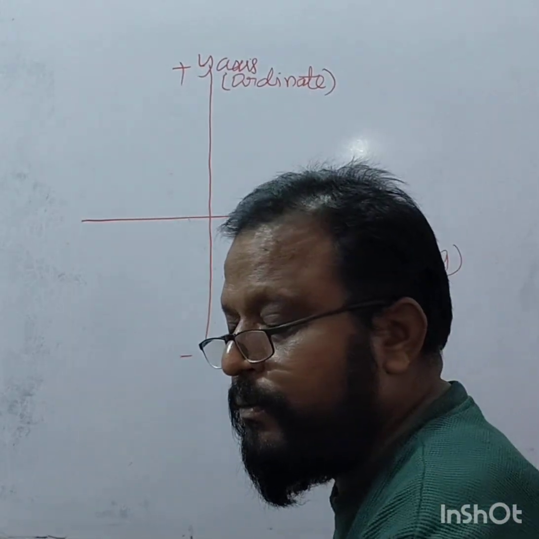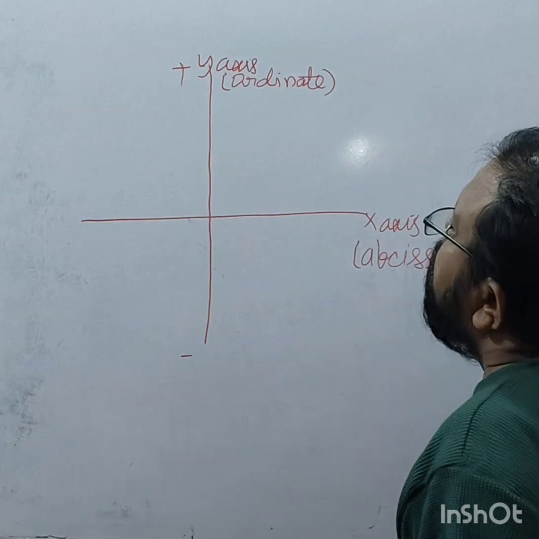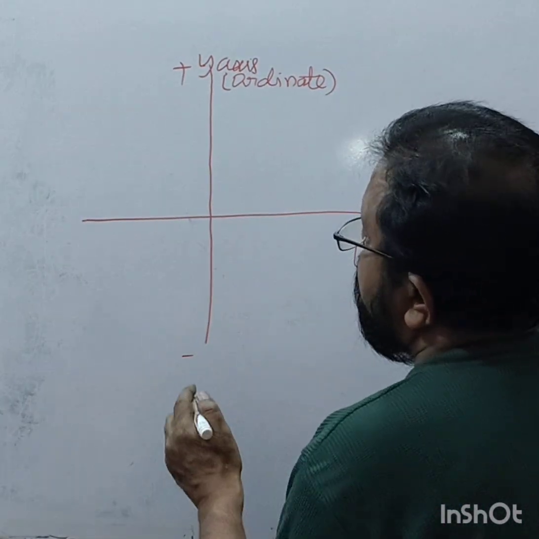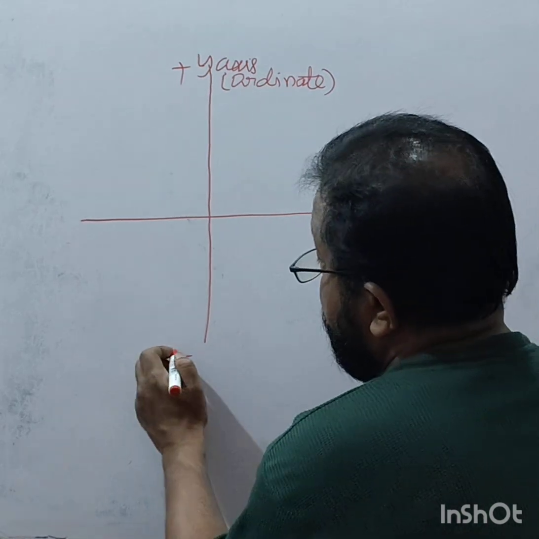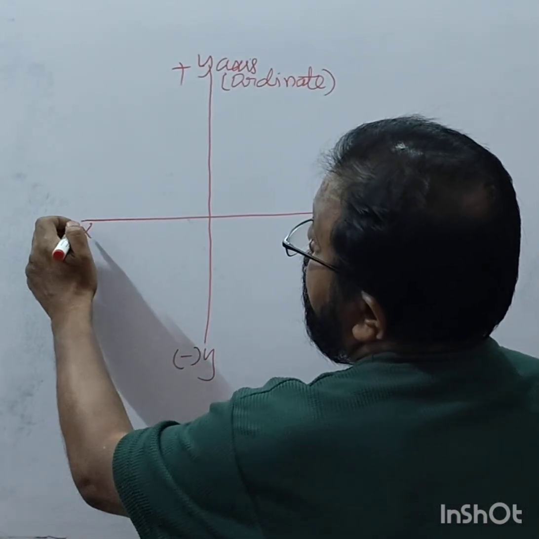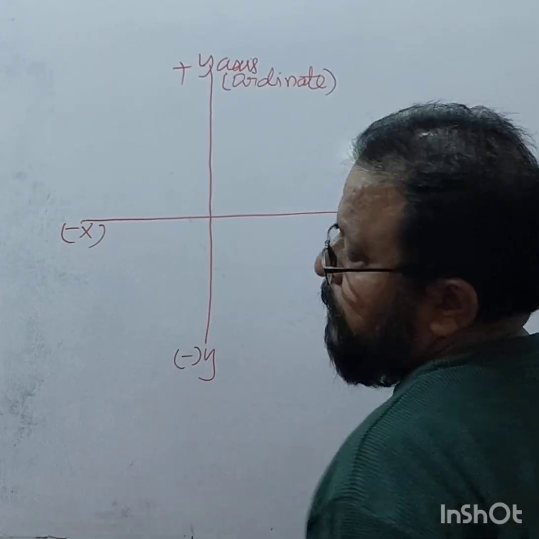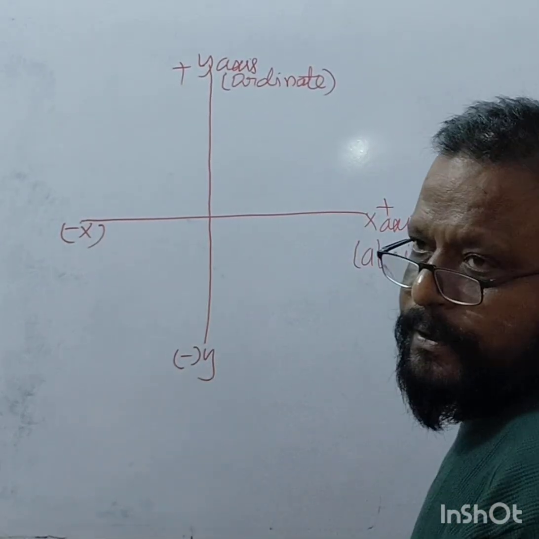So, if there is a point, this is negative of y, this is negative of x, right? This is positive of x.